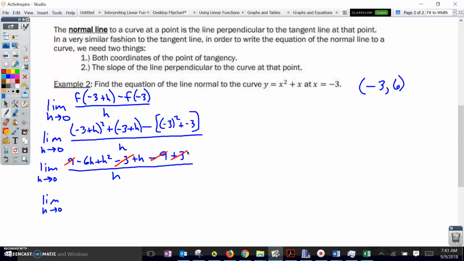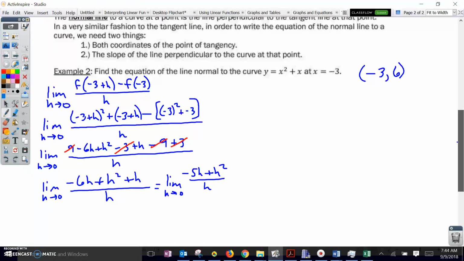The minus 3 and the plus 3 cancel each other out, leaving me with negative 6h plus h squared plus h all over h. I can combine the h's, gives us limit as h goes to 0 of negative 5h plus h squared all over h.